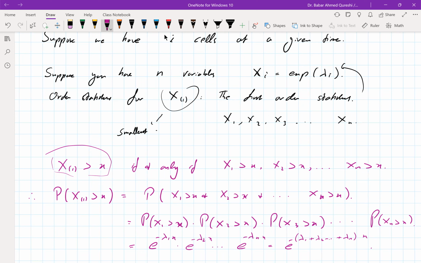So that means that when I have n variables and each one of them is exponential, here I had assumed that they have different parameters for the exponential distribution.